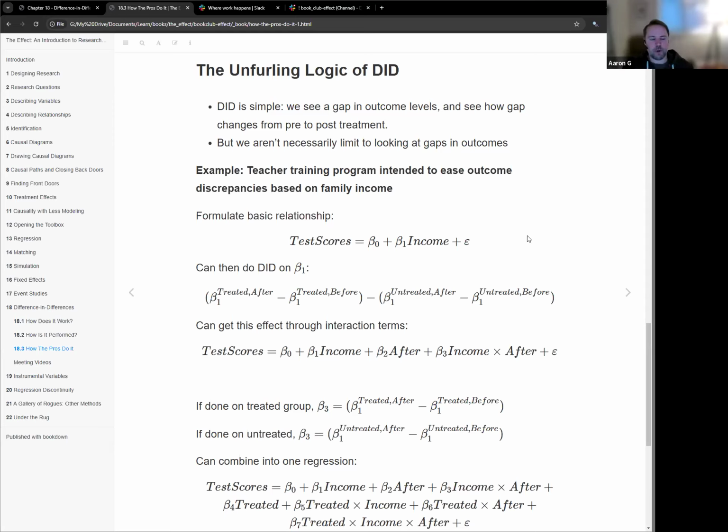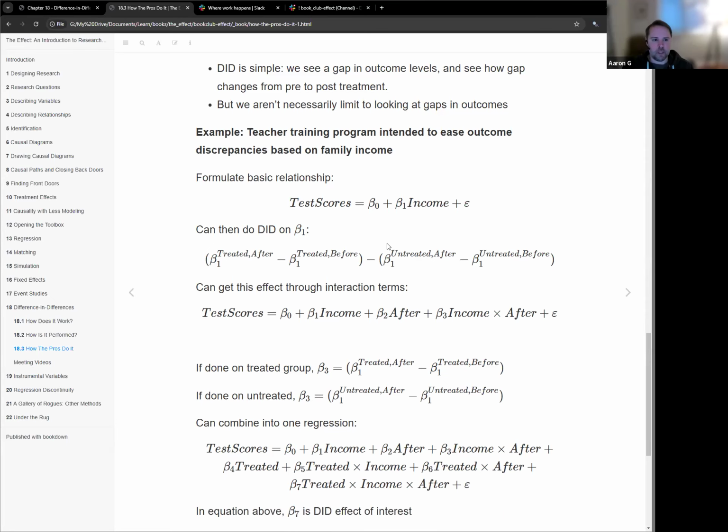And so we can think of a typical regression where test scores are going to be influenced by income, but what we're really interested in here is a DID effect on the beta 1 coefficient on income. So the before and after change of this beta coefficient for the treated population minus the before and after effect for the untreated population.